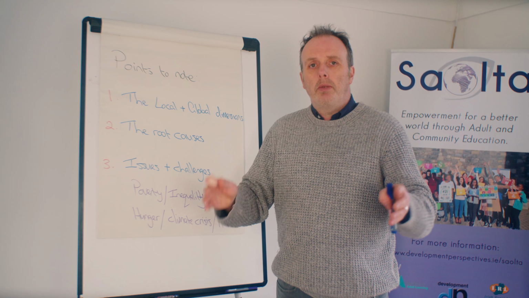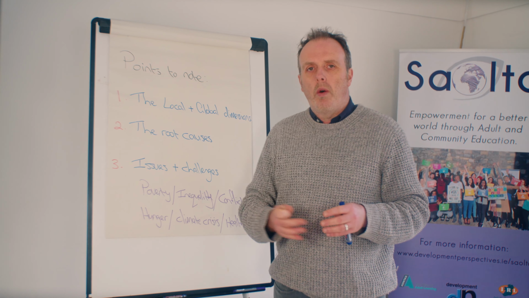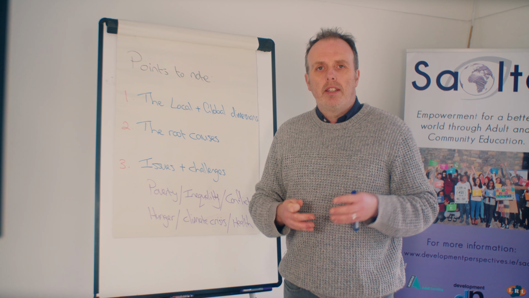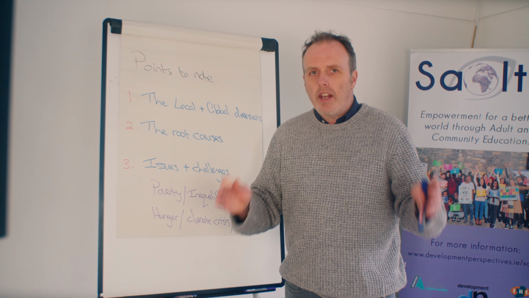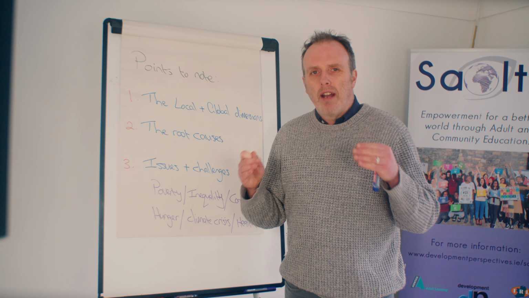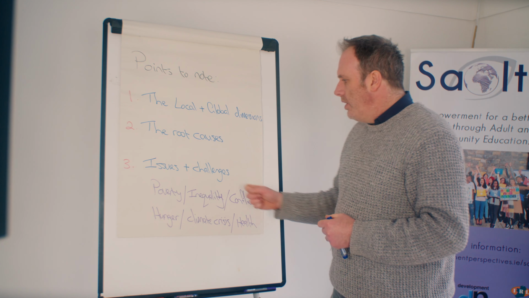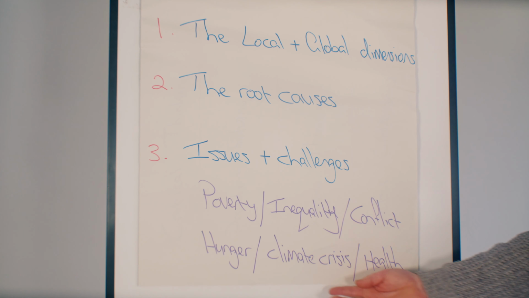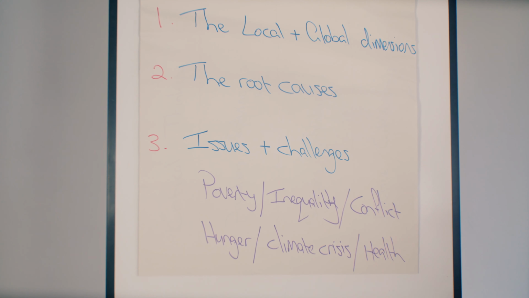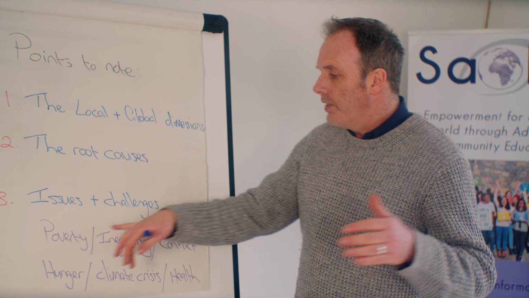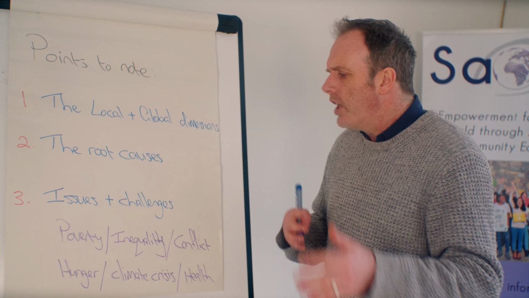It's crucial to begin by asking communities what are the issues or challenges that are relevant for them, because in adult and community education, that relevance is key. Within global citizenship education, we look at poverty in overseas contexts globally. We also look at poverty in Ireland, different types of poverty.